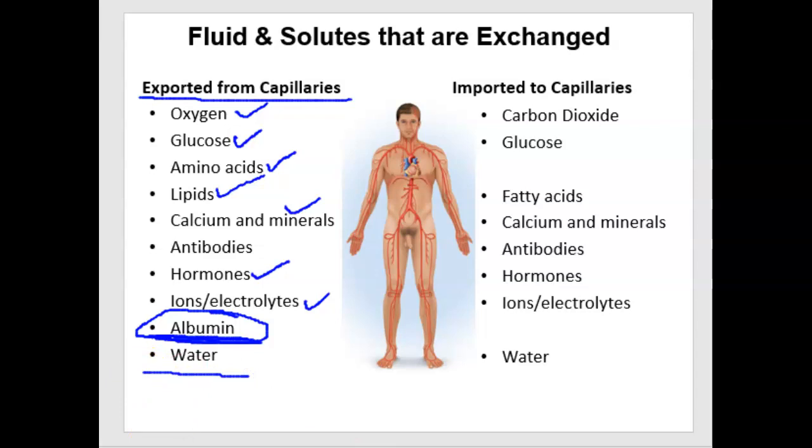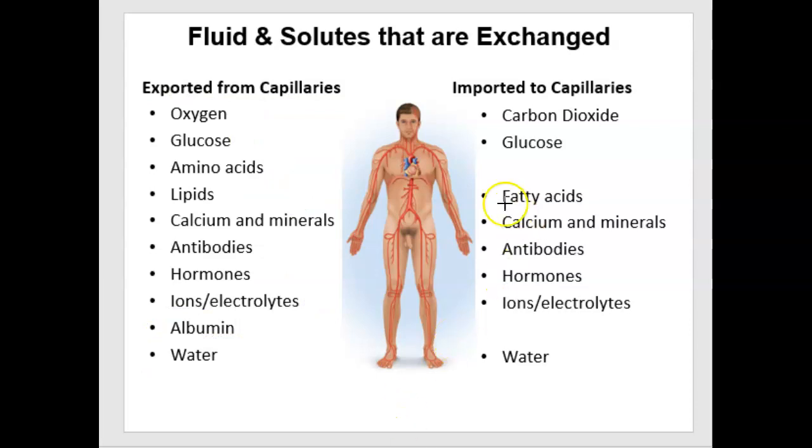Some things that are imported into the capillaries would be carbon dioxide, because the tissues have created a lot of carbon dioxide in the process of making ATP, and that needs to be picked up by the blood. And then glucose, depending on the concentration of glucose in the tissues, it might be needed elsewhere.